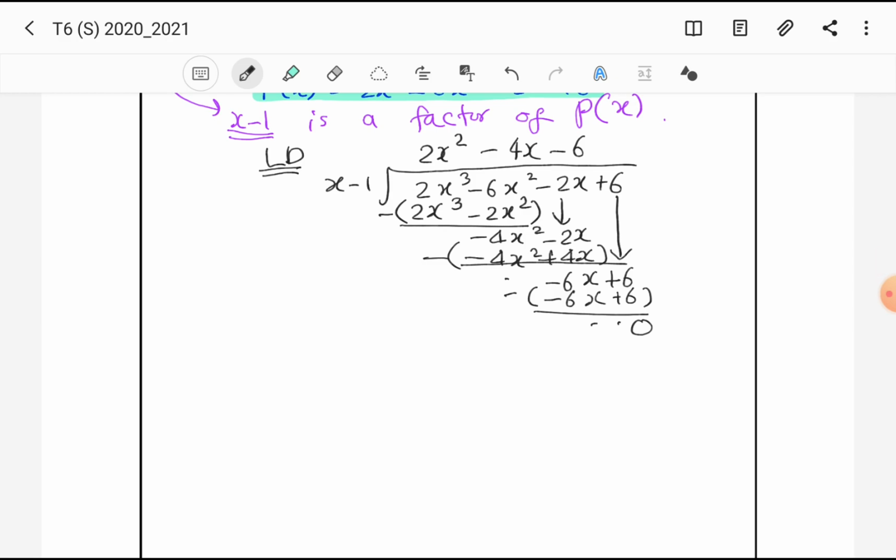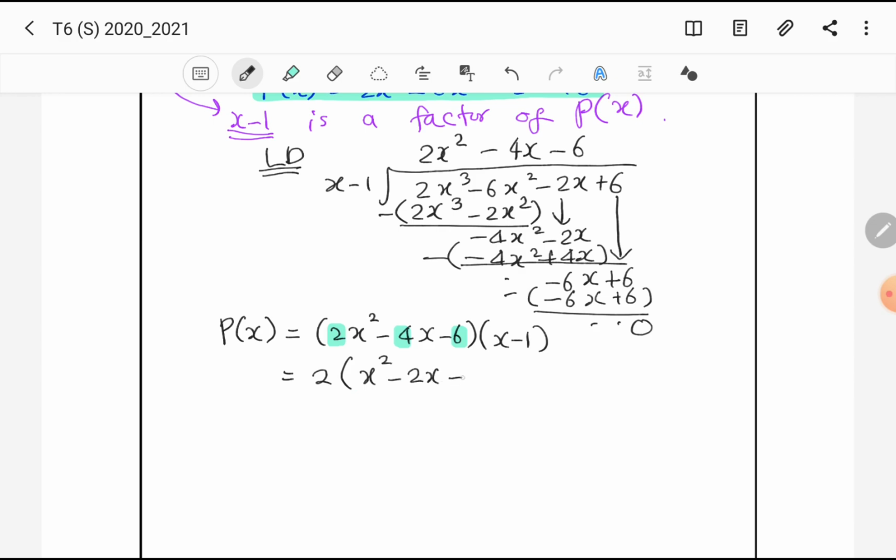Okay, next dia kata factorize Px completely. Meaning that Px equals to 2x squared minus 4x minus 6 times x minus 1. Or, awak nampak tak? Dia ada 2, negative 4, negative 6. So, we can factorize to x squared minus 2x minus 3, x minus 3.